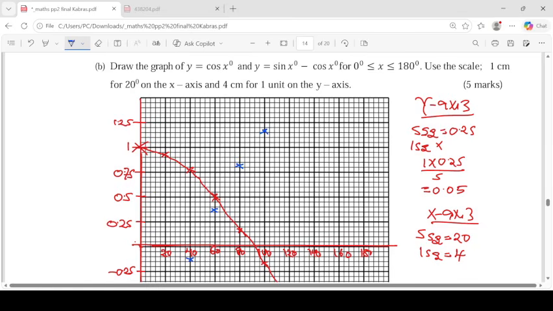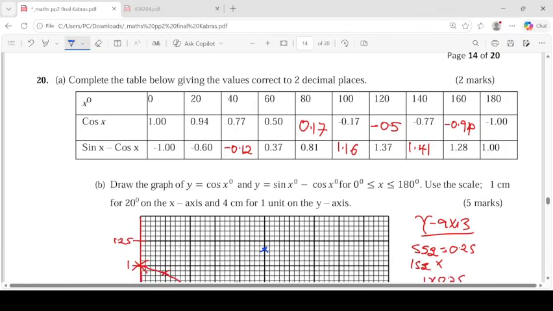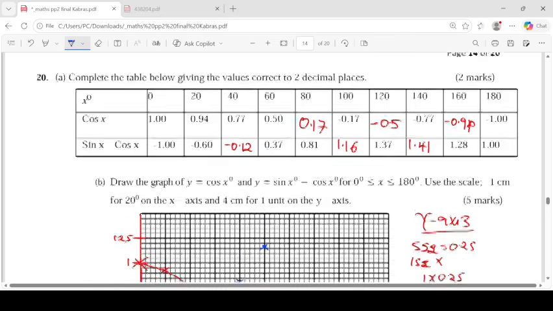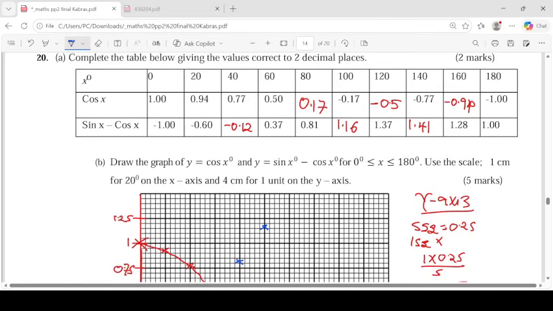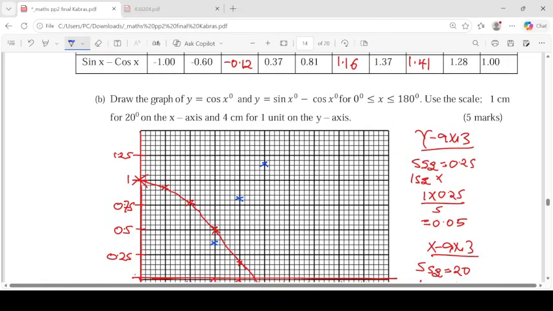Somewhere there. At 120, that is 1.37. That is 27.4. Let me count. 5, 10, 15, 20, 25, 26, 27.